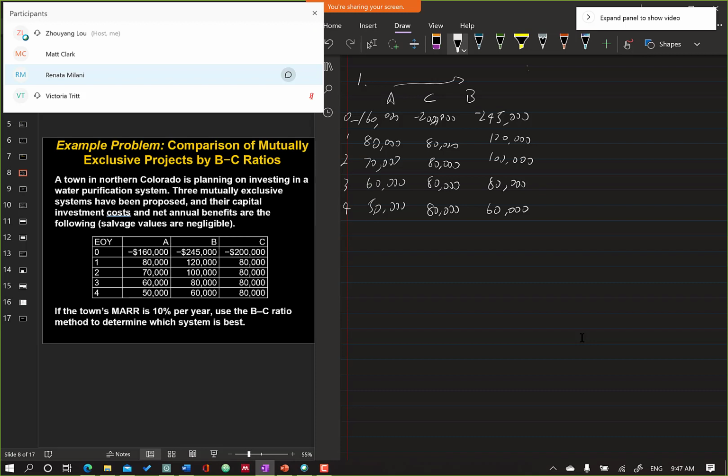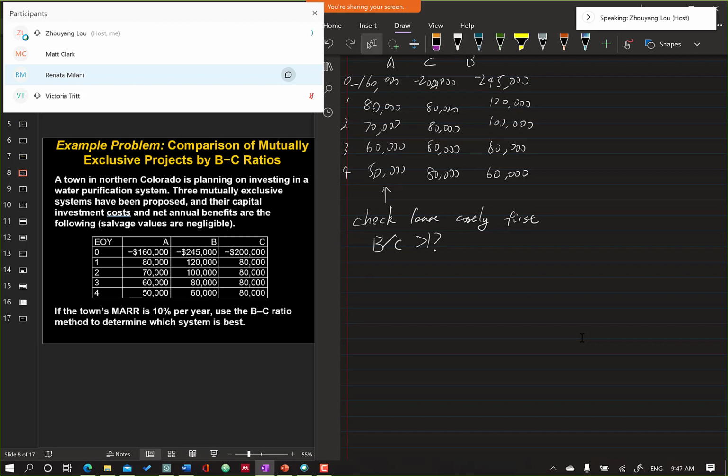Then we check the least costly project first. What do we check? Just the benefit cost ratio, whether it's greater than 1 or not.